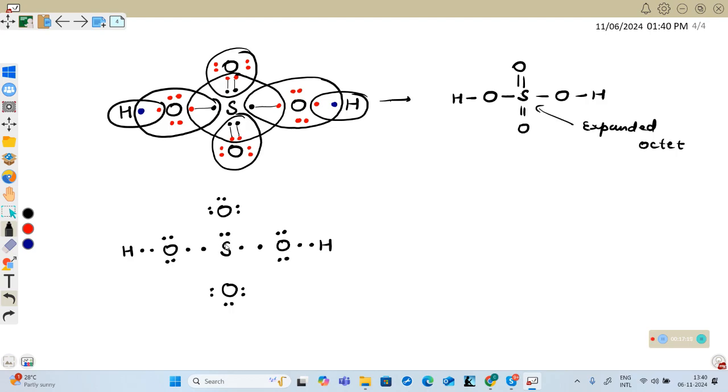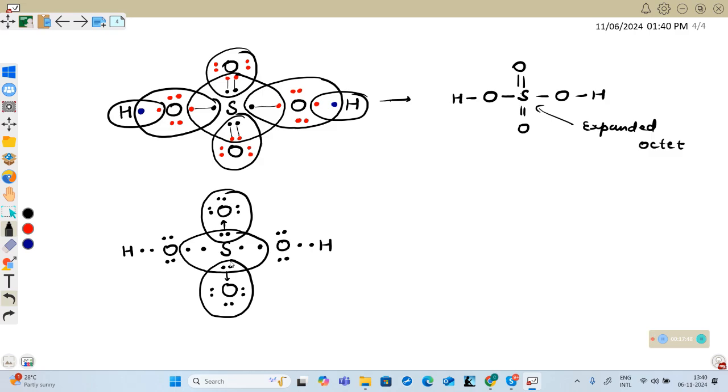So here what happens, a coordinate covalent bond is formed. Sulfur is getting satisfied by receiving electrons from one oxygen which is bonded to the hydrogen. So here sulfur octet is complete, oxygen octet is also complete. In a coordinate covalent bond, you know that to make one covalent bond, both the electrons come from a single atom.